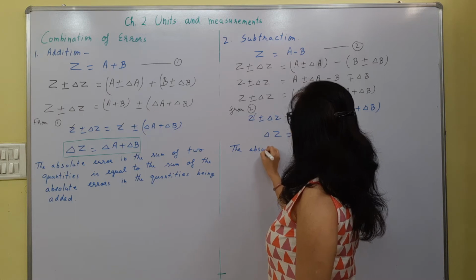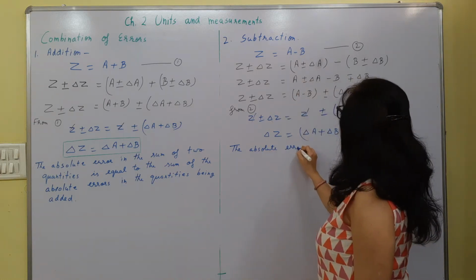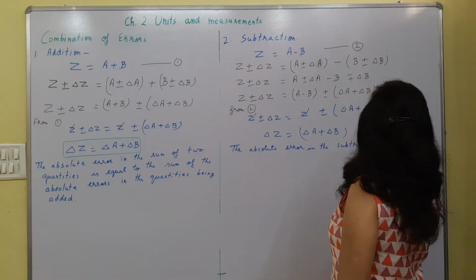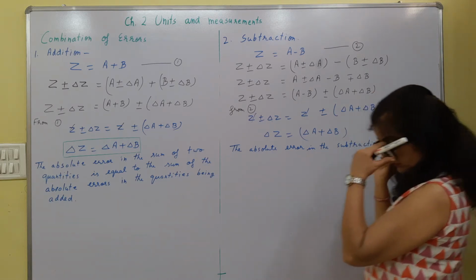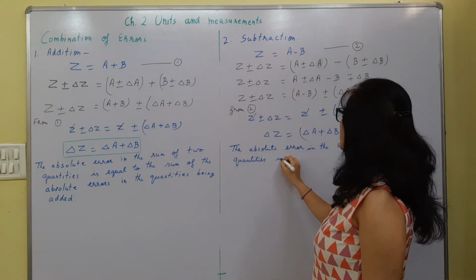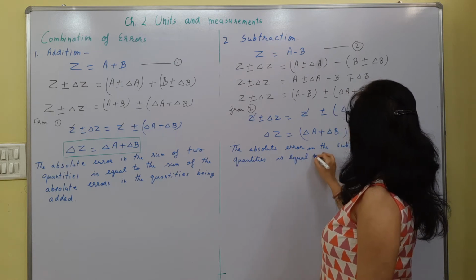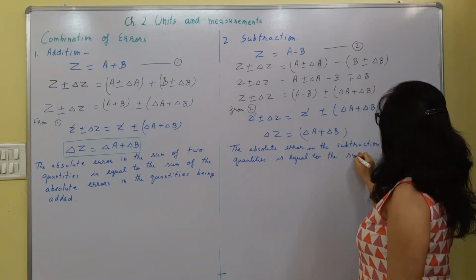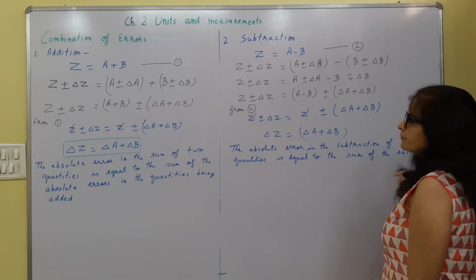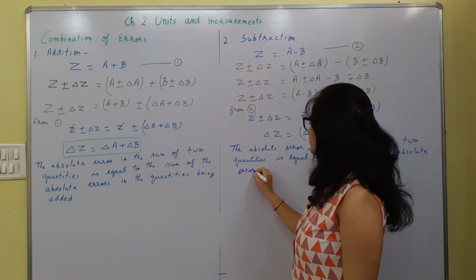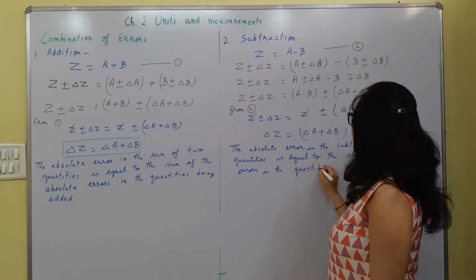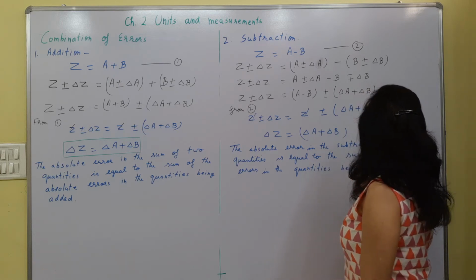The absolute error in the subtraction of two quantities is equal to the sum of the absolute errors in the quantities being subtracted.